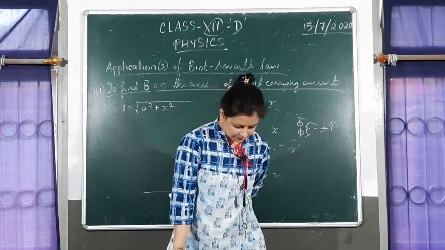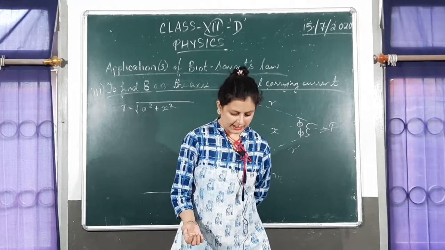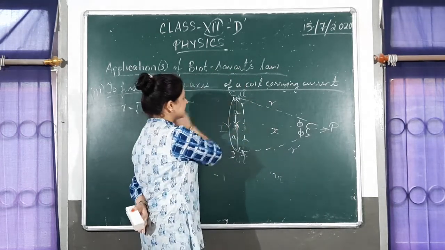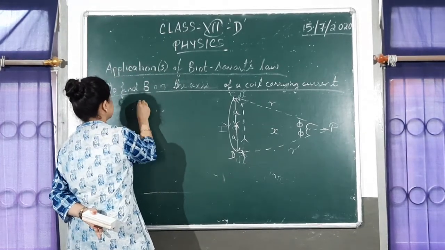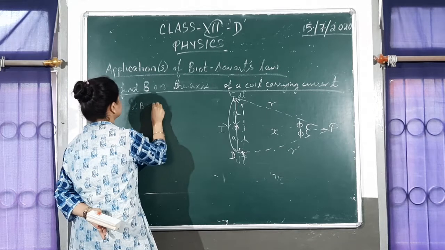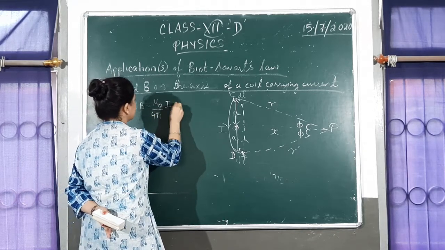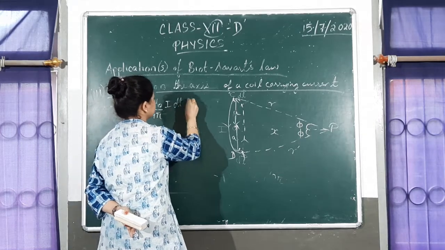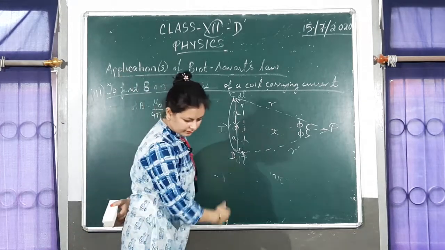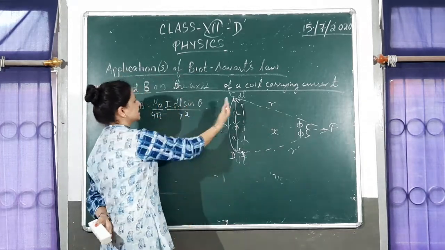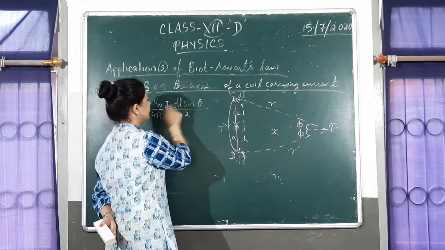Now according to Biot Savart's law, the magnetic field at P due to the current element IDL at C is given by the same formula: dB is equal to mu naught by 4 pi, IDL sin theta by R square. In our case, this plane and the other plane are perpendicular planes, so theta will be equal to 90.